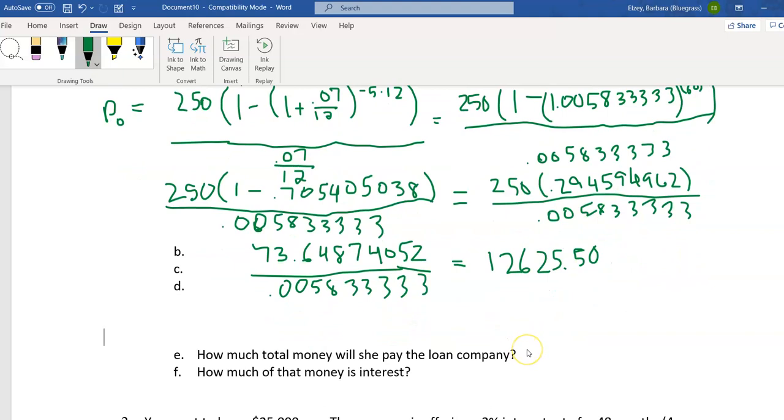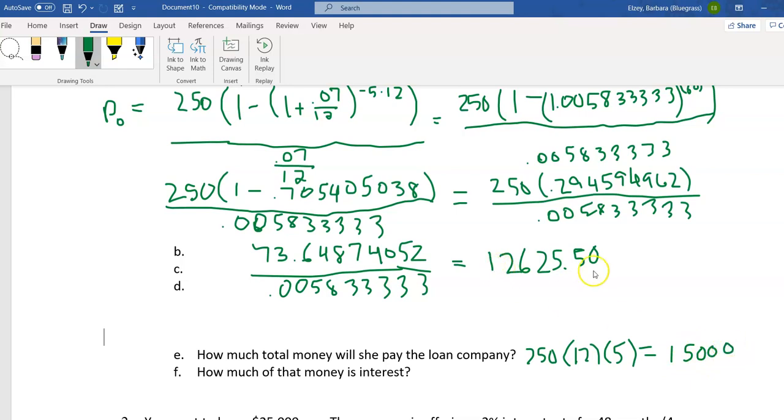So let's take $250 a month every month for 5 years, so 12 times a year for 5 years. Let's see how much money she actually ends up paying. So 250 times 12 times 5 ends up being $15,000 that she actually pays.